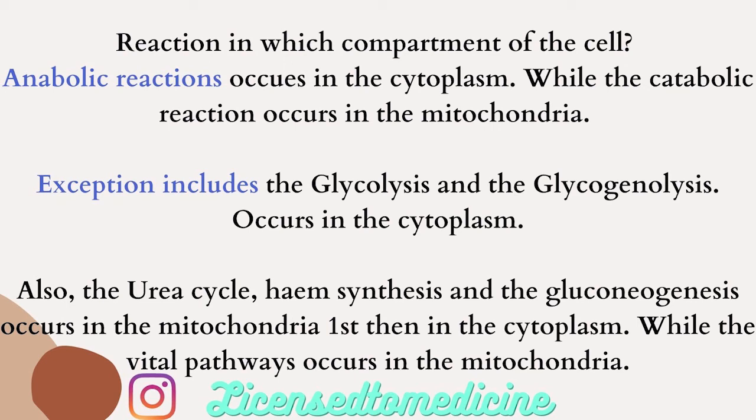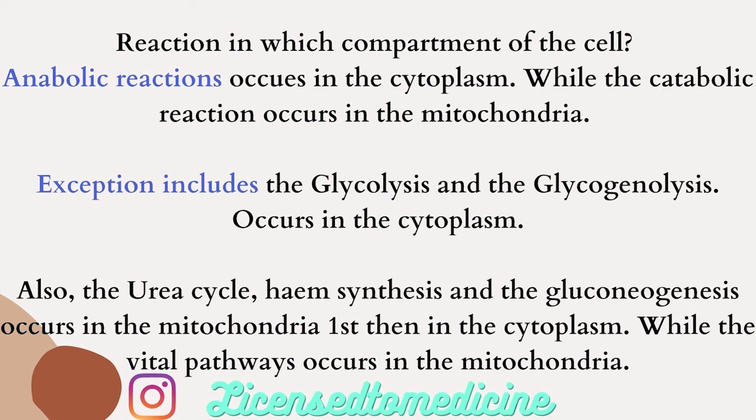It's a general one-liner or one concept. So all the anabolic reactions occur in the cytoplasm, while all the reactions which are activated by glucagon by the mechanism of phosphorylation occur in the mitochondria.